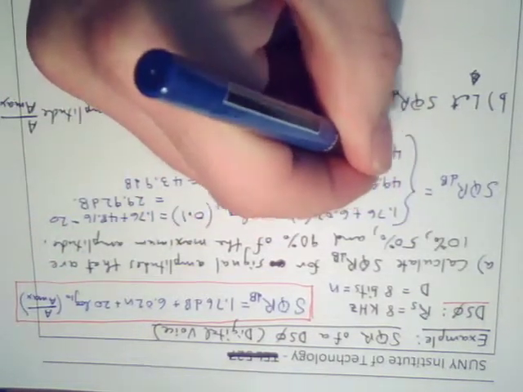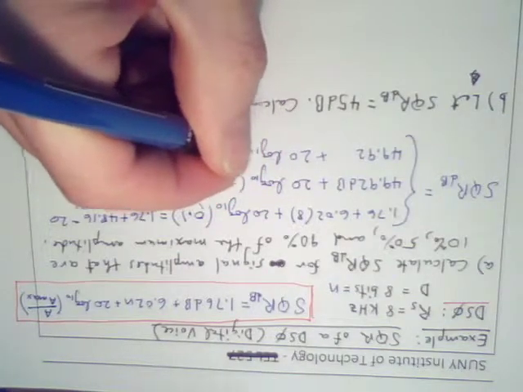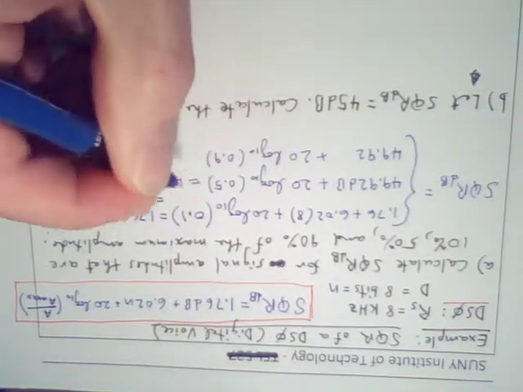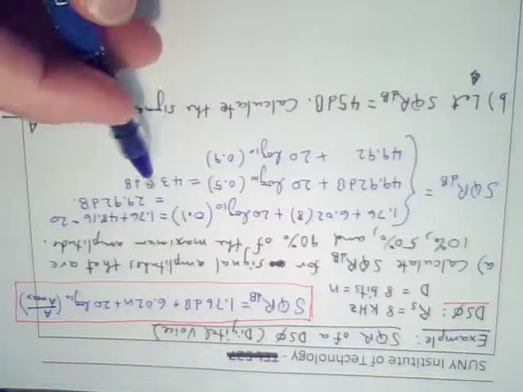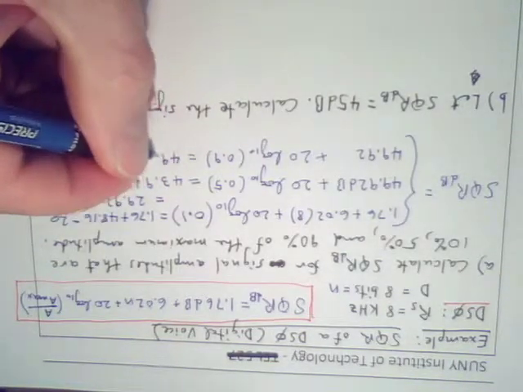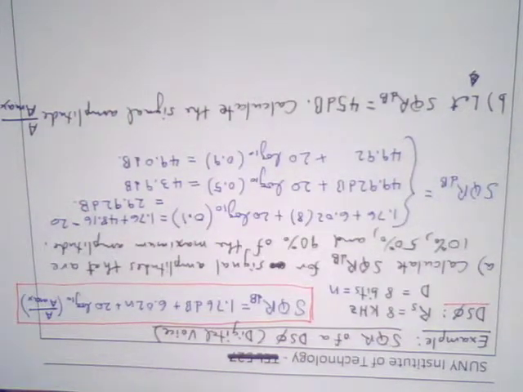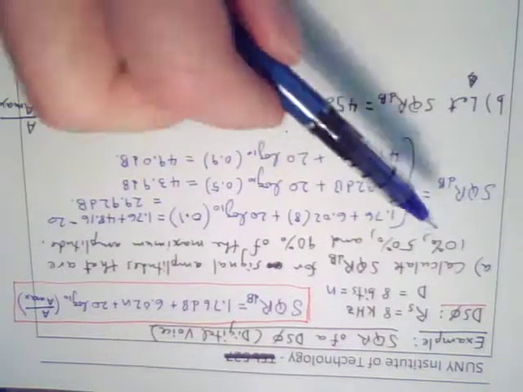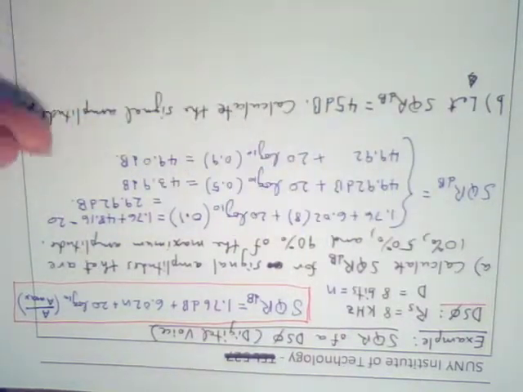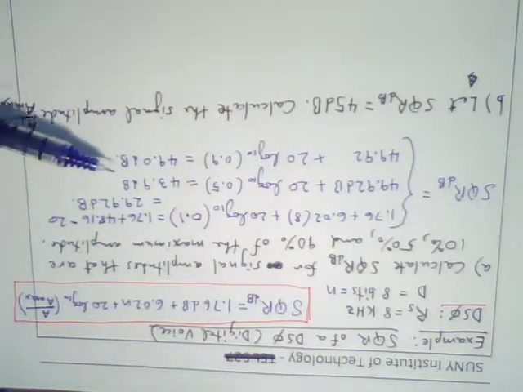Finally, the third one is calculated the same way with the 0.9 for the amplitude ratio. And if you multiply this one out, you get 49.0 decibels. Okay? In other words, I've given you 3 different values of the ratio A over A max, and I've given you a fixed n and asked you to calculate 3 values of the SQR.